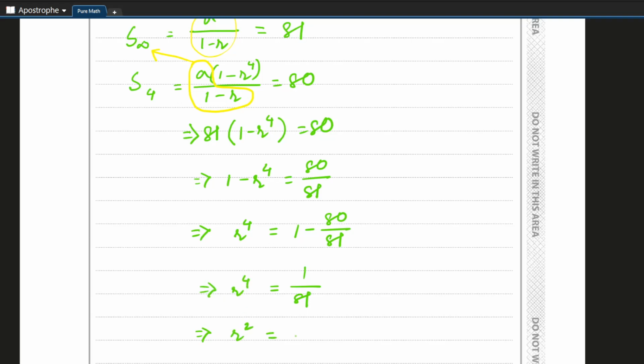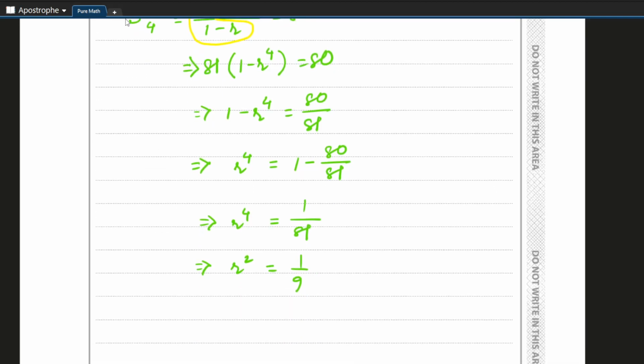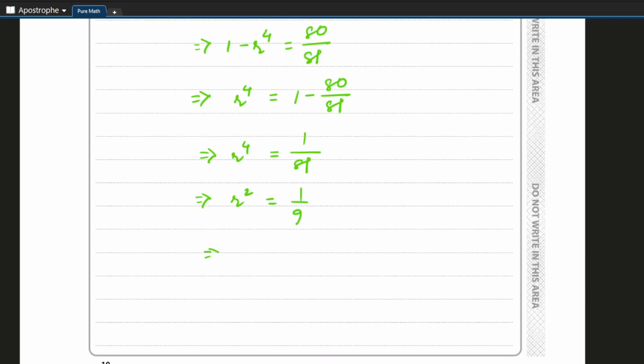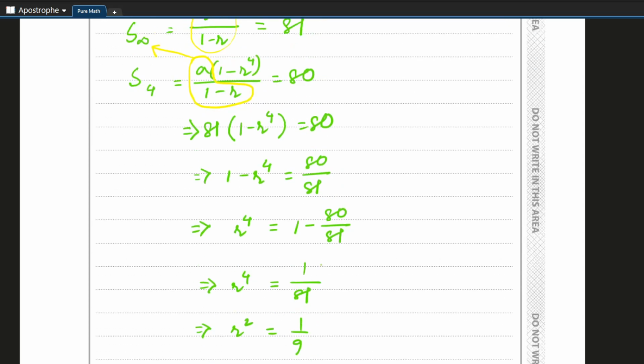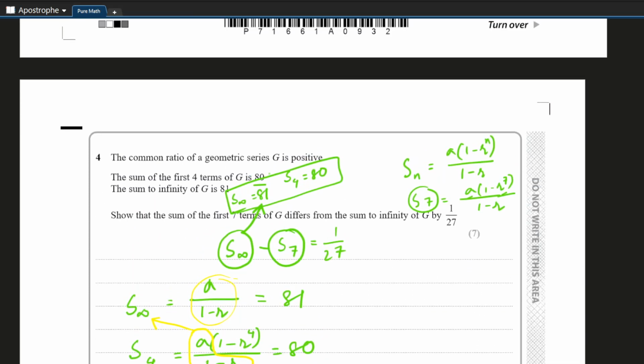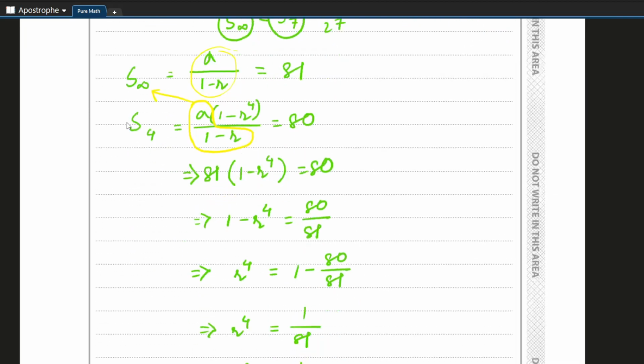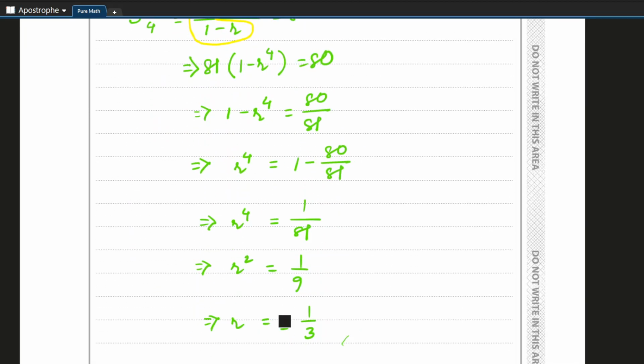That means r squared is equal to 1 over 9, and r is equal to plus minus 1 over 3. Now in the beginning of the question, it says the common ratio of a geometric series G is positive. So that means we can neglect the negative value here.